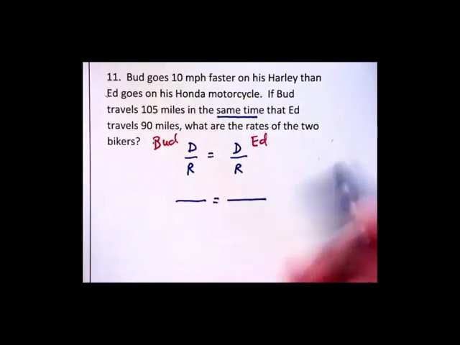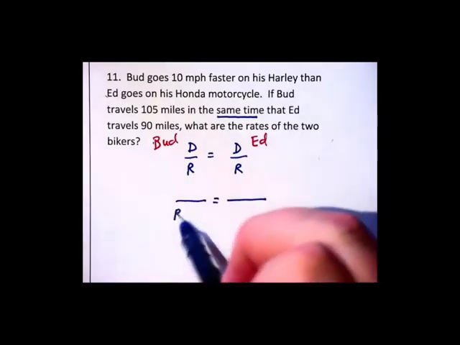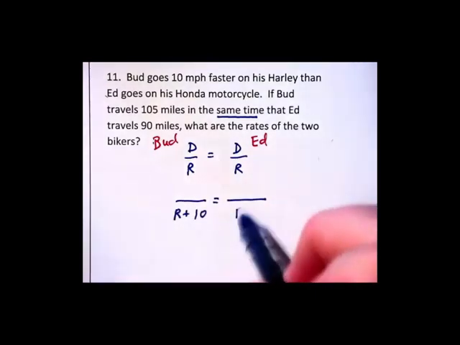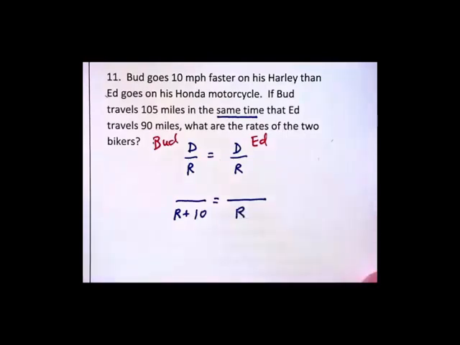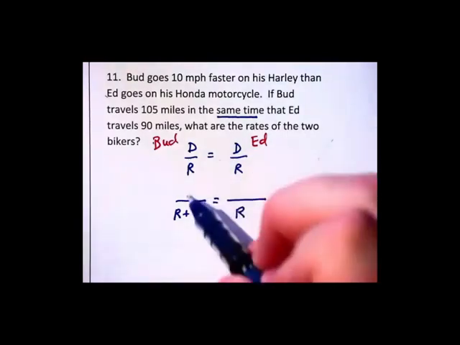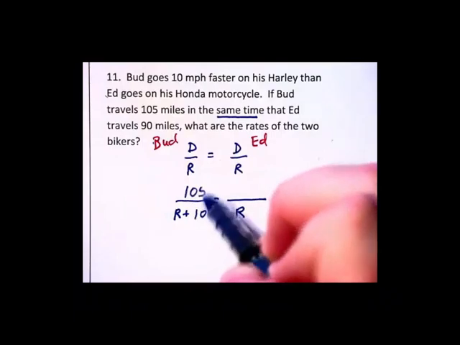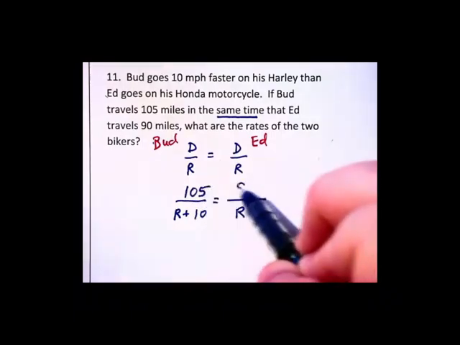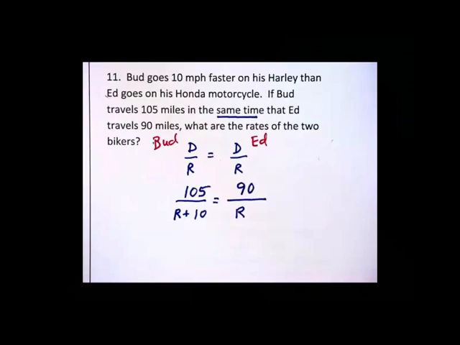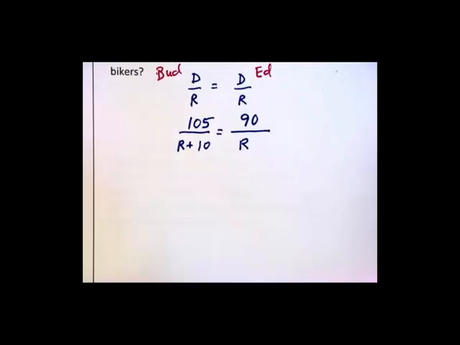Bud travels 10 miles an hour faster, so we're going to give him an r plus 10, whereas Ed just has an r down below. Bud travels 105 miles, that's his distance, in the same time that Ed travels 90. So I think we have our equation there. We're just trying to solve for each of their speeds.